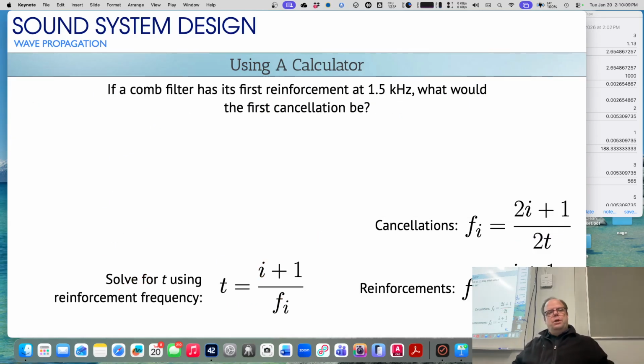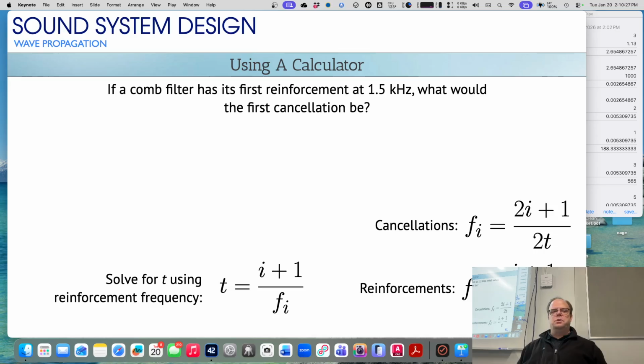If a comb filter has its first reinforcement at 1.5 kilohertz, what would the first cancellation be? I'm giving you a different part of the equation here.